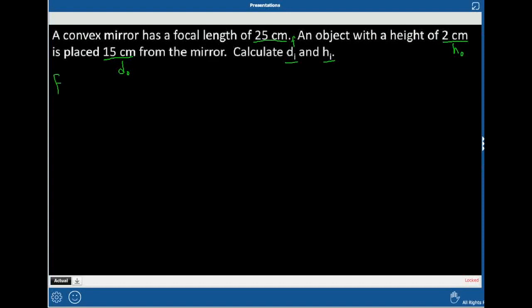So I'm going to put my focal length, 25, and leave a space for the sign, because I'm going to come back and add that. My object height is 2 centimeters. Again, I'm leaving a space for the sign on that.